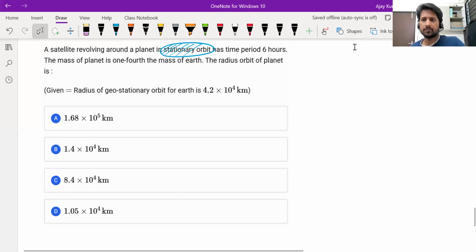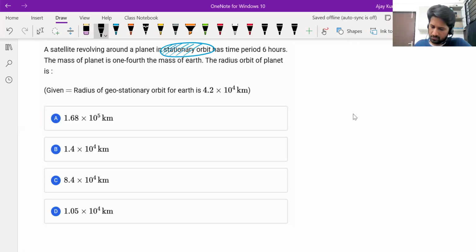Try this, all of you. Okay. I got one answer as option C. Let's check. Now they have given radius of geostationary orbit for Earth. And they are asking, a satellite is revolving around some planet with a time period of 6 hours, and mass of the planet is 1/4 the mass of Earth.